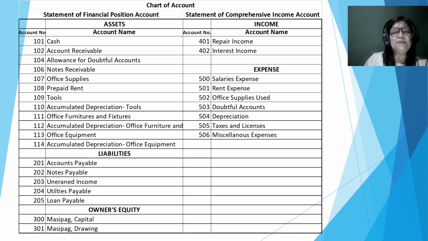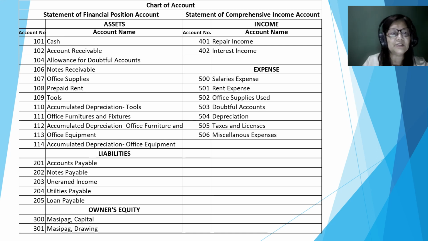Class, may I remind you that before journalizing, we have to refer to the chart of accounts adopted by the company. So we have a statement of financial position account and statement of comprehensive income account.